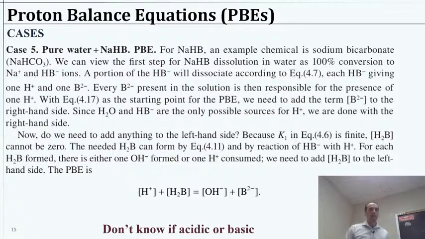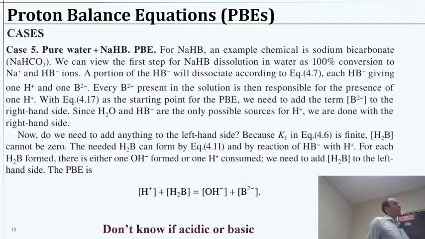Okay, so the fifth case, we have pure water and NaHB. So this would be like sodium bicarbonate. And in this case, we get that first step is releasing the sodium and the HB minus.